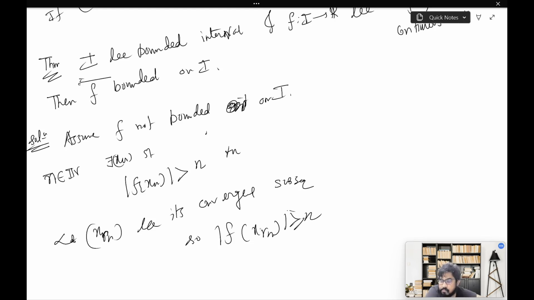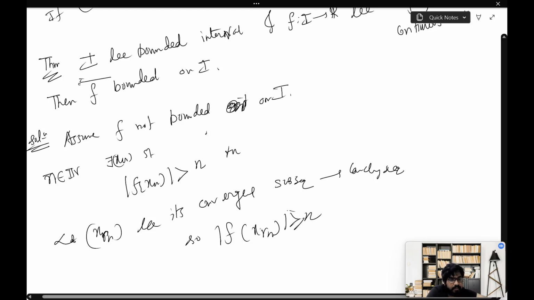Now xn is a convergent sequence, so x_rn is Cauchy. This implies f(x_rn) is a Cauchy sequence. But this thing tells what?